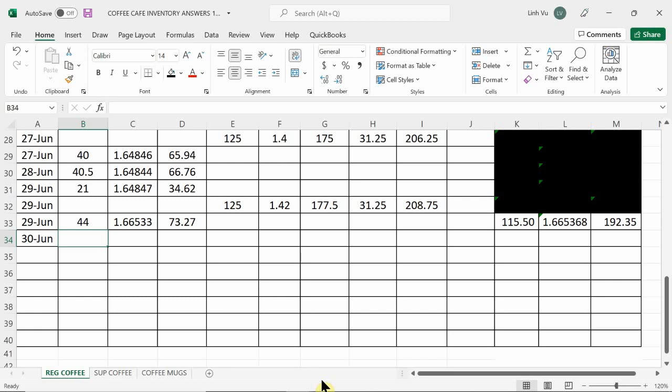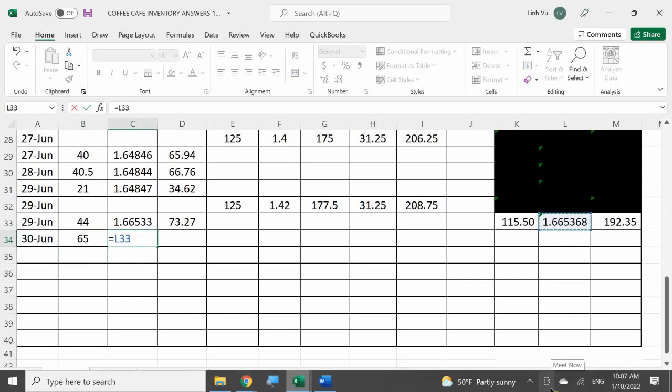We sold 65 pounds of the regular coffee at $1.665. So what is my total cost of goods sold here? 108.23. 108.20. You said 23? Sorry. I said 22, but this time it's calculated. Oh, okay.